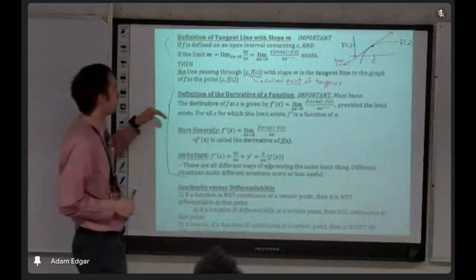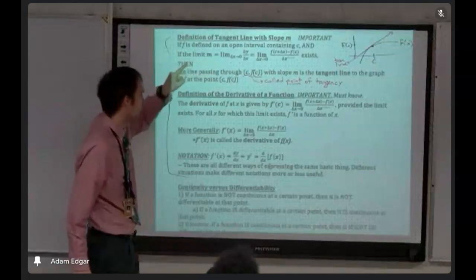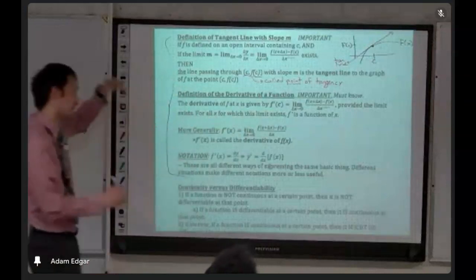You should notice the relationship between this formula up here for slope and this formula right here for f prime of c, the derivative. They're kind of the same thing.